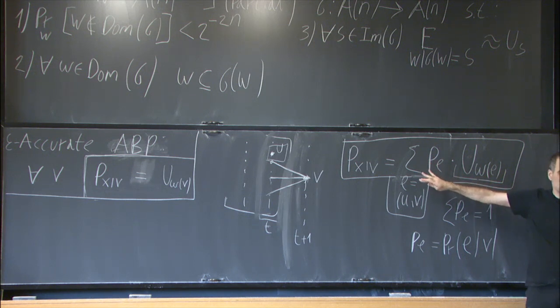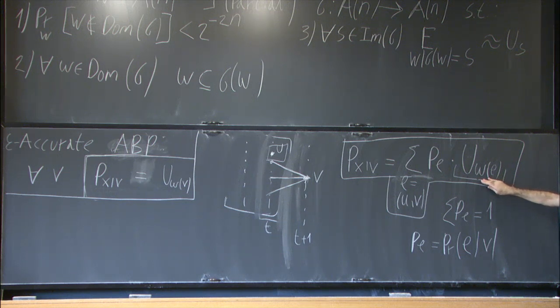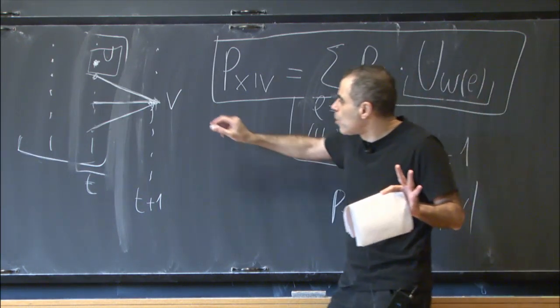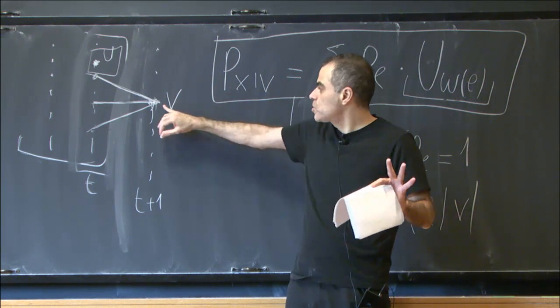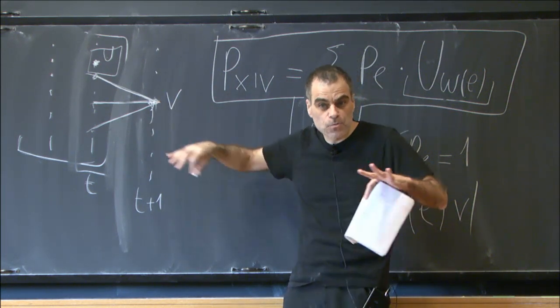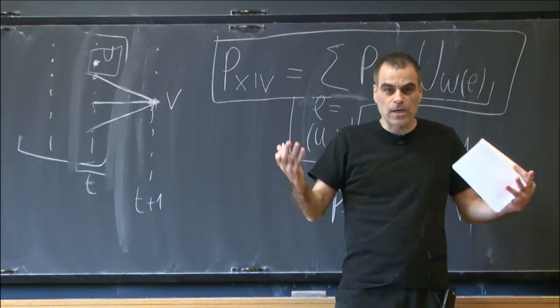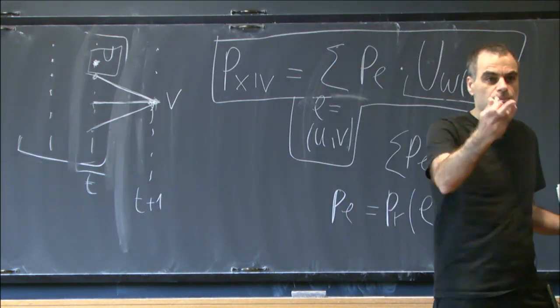Some linear, not linear, convex combination. The sum of the PE must be 1. Convex combination of uniform distributions over affine subspaces. And this is what we know so far about the distribution of X conditioned on V, and we will see what we are going to do with that in order to turn it into an accurate affine branching program.